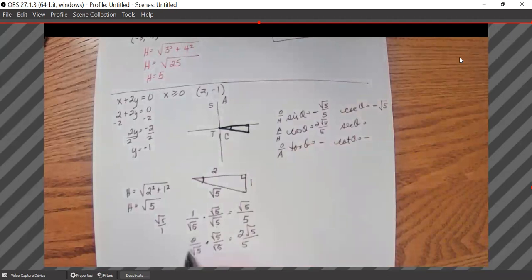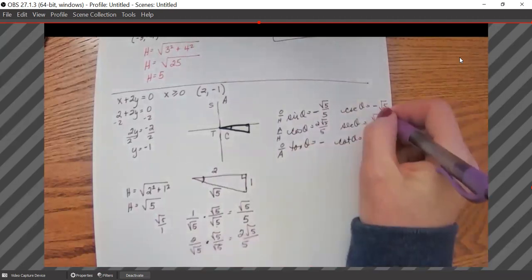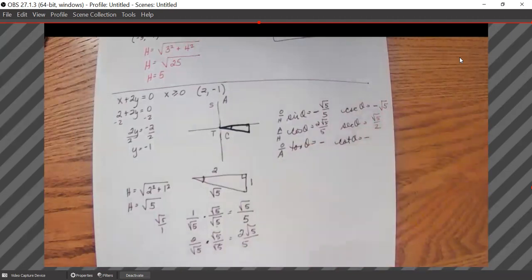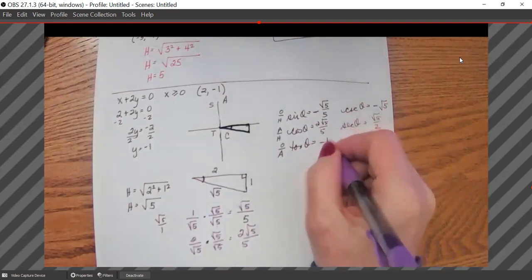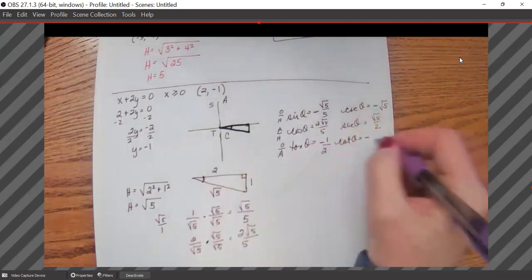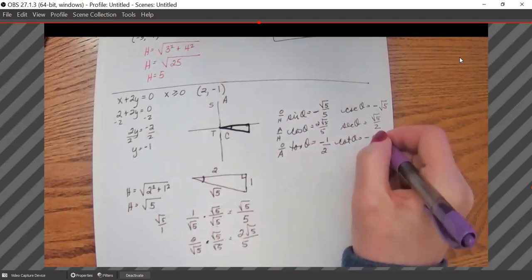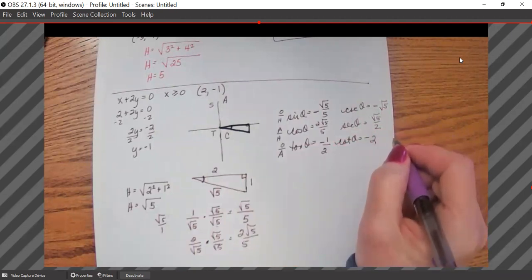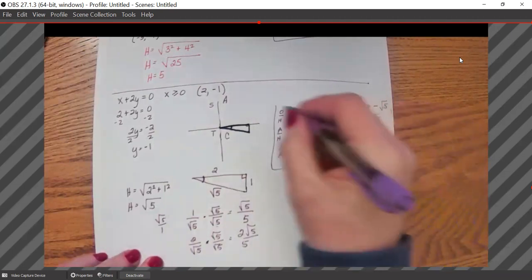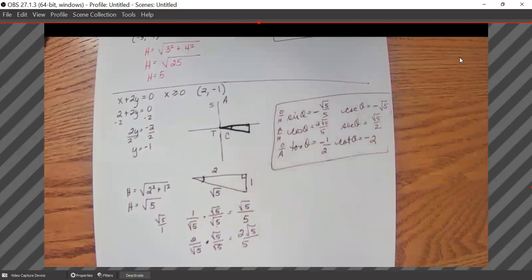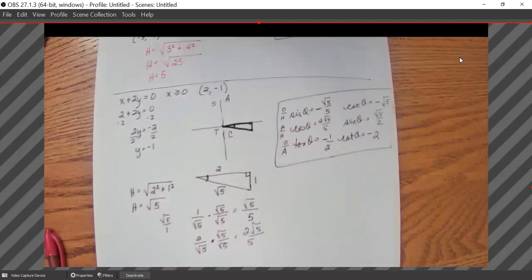And the reciprocal is going to be the square root of 5 over 2. And tan is opposite over adjacent. Opposite side is 1, and the adjacent side is 2. So that's going to be negative a half, and the cotan is going to be negative 2. That's the answer to my example 3.